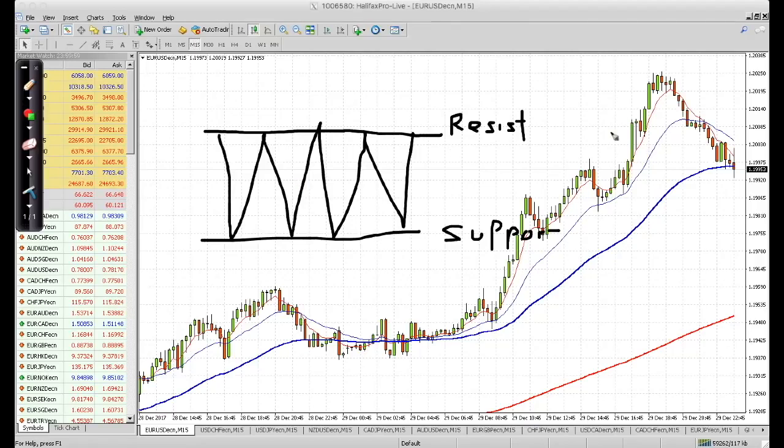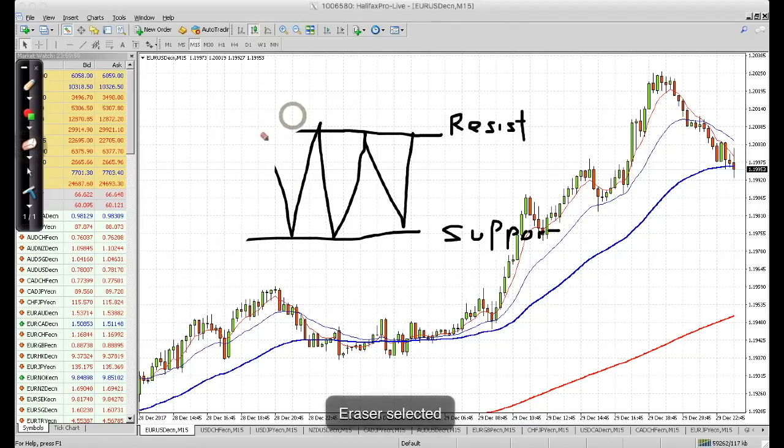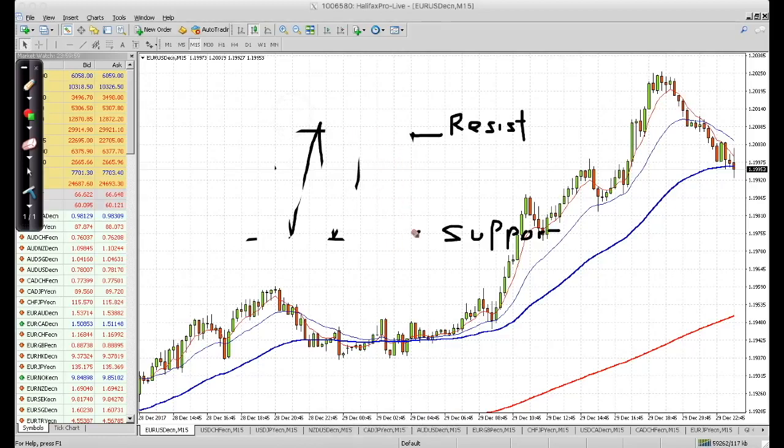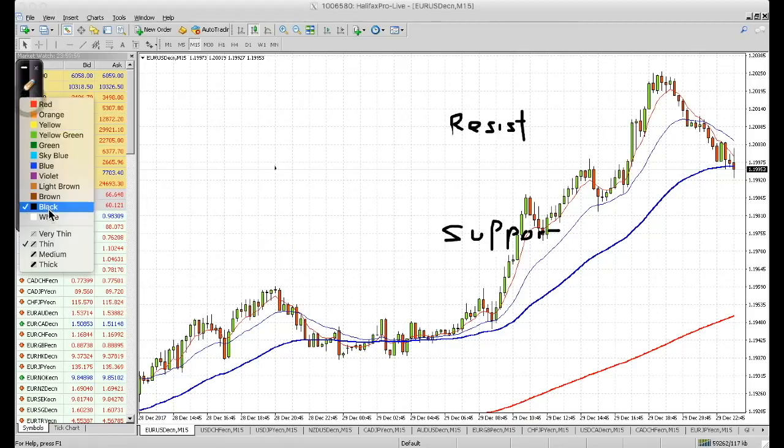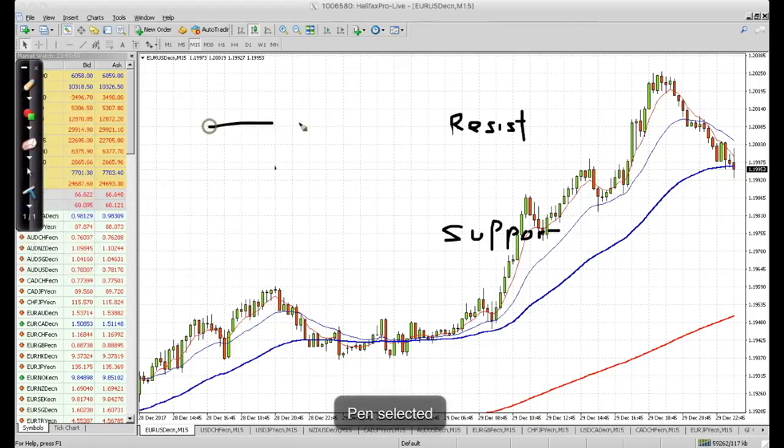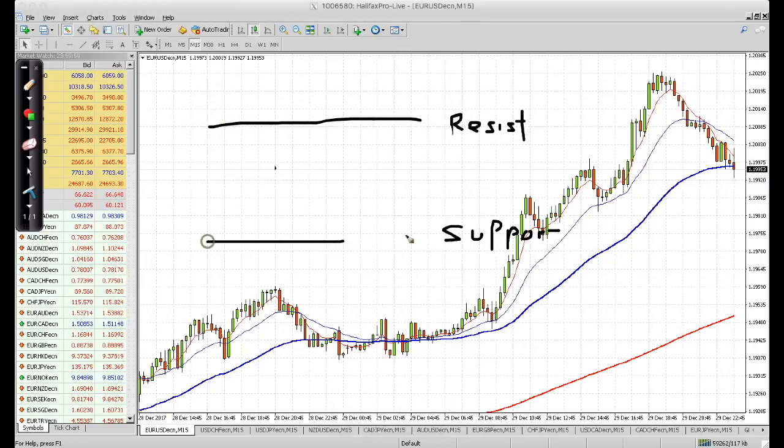So many times what happens instead, let me just redraw that. So in reality, what happens more often instead is that this line is more like a zone, which means the price can go up and it doesn't exactly touch and come down.